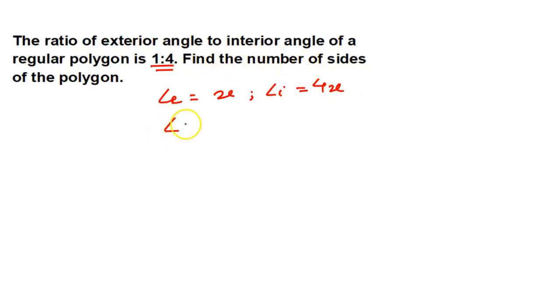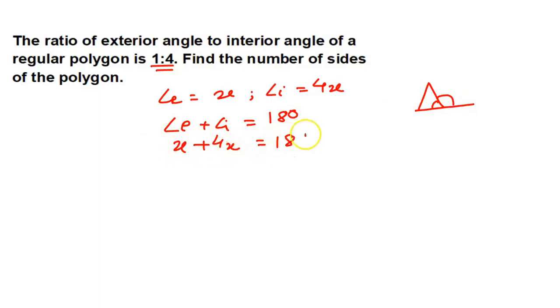First of all, exterior angle plus interior angle, their sum is equal to 180 degrees because they make a straight line like this. This is the interior angle, this is the exterior angle. So x plus 4x is equal to 180 degrees. So we'll have 5x as 180 degrees. So x is coming as 180 divided by 5. That is 36 degrees.